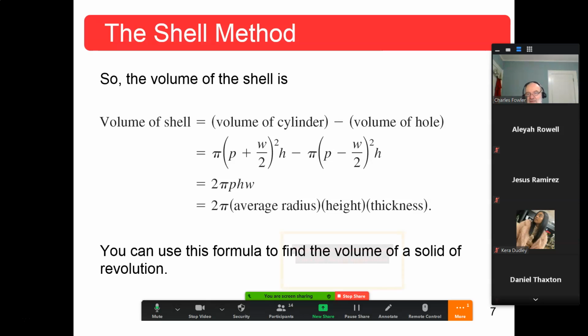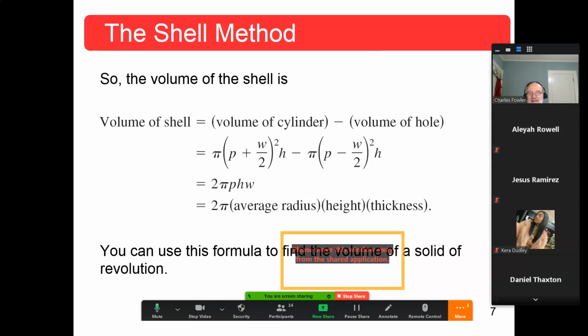Okay, so that's pi times, and this is the hard way to do this, pi times (P plus W over 2) squared times H, minus pi times (P minus W over 2) squared times H. If you squared those ugly fractional binomials and multiplied it out, you get 2 pi P H W, which is exactly what I said.